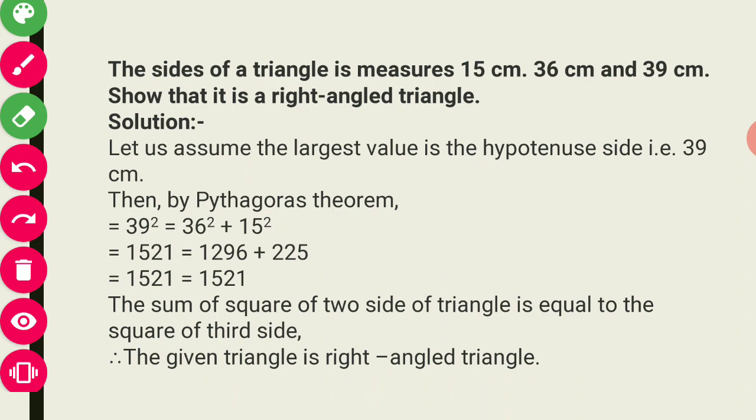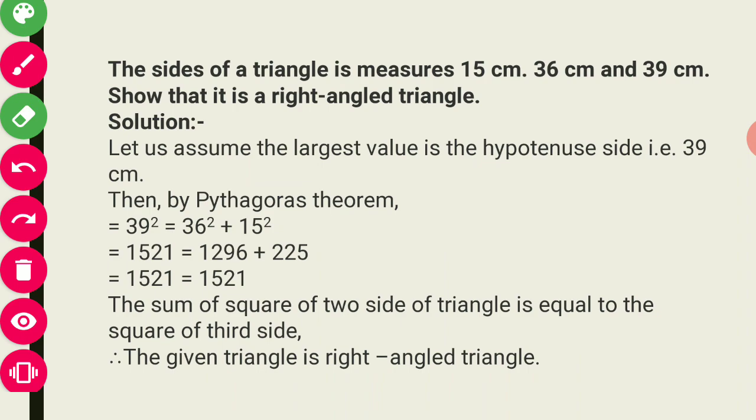Next question is, the sides of a triangle measure 15 centimeter, 36 centimeter and 39 centimeter. You have to show that it's a right angle triangle. So by using Pythagoras theorem we will find out whether it's a right angle triangle or not.